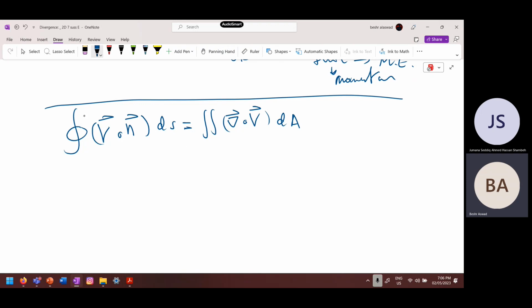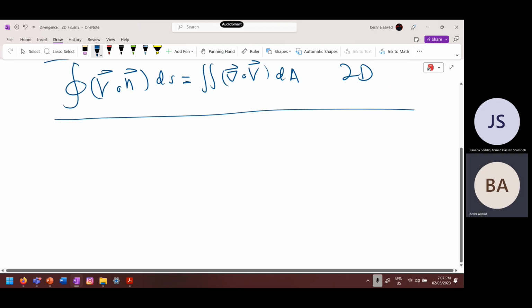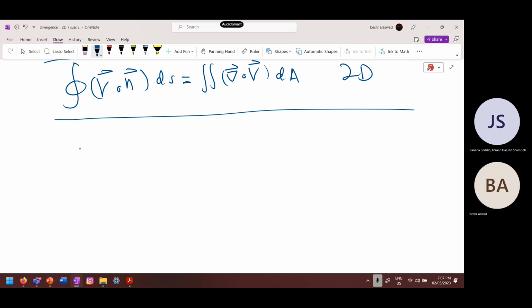When can you use one of them? It depends on which vector you have or which one is easier for you to solve. So let's say, okay, that's for 2D. Let's say that you have this example. You have to find the divergence of a vector using the line integration equation.